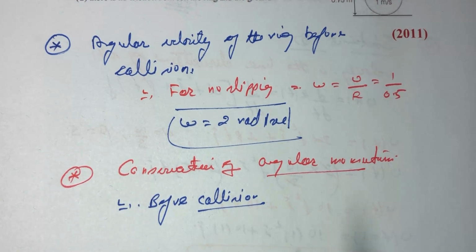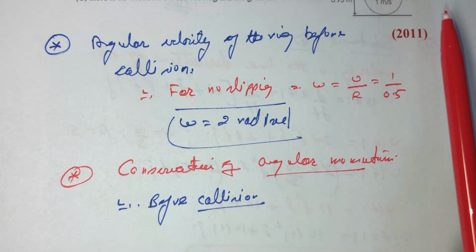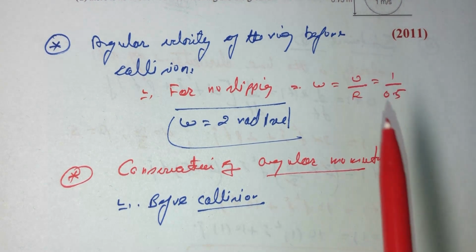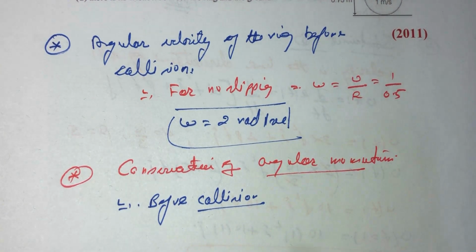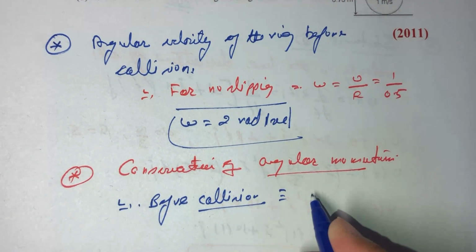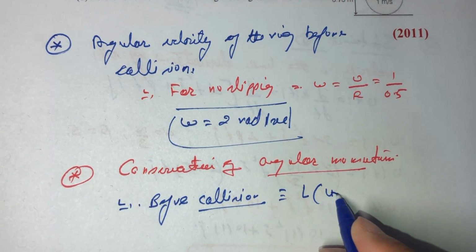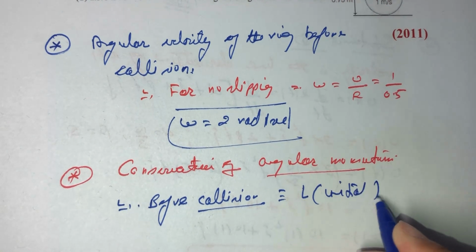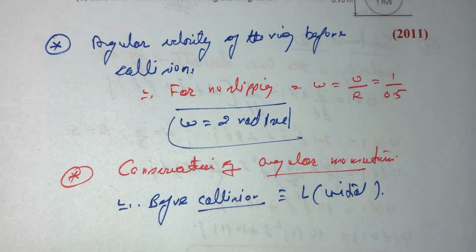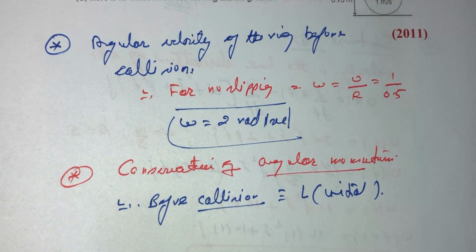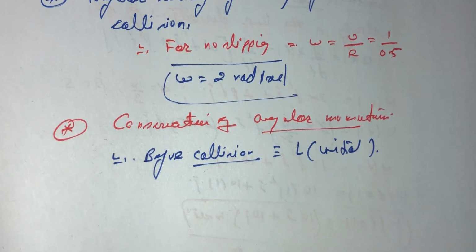Before collision we are going to find out the initial angular momentum, L initial. This initial angular momentum will be equal to the angular momentum of the ring about the point of contact plus the angular momentum of the ball about the point of contact.